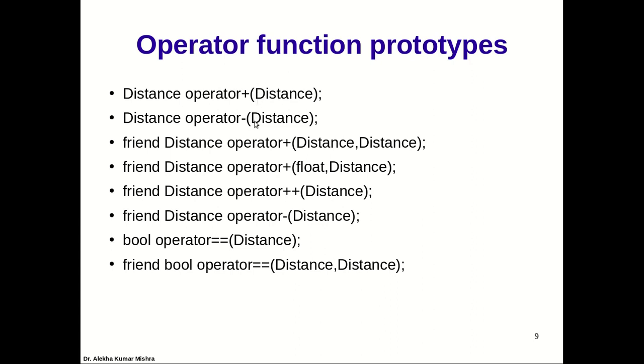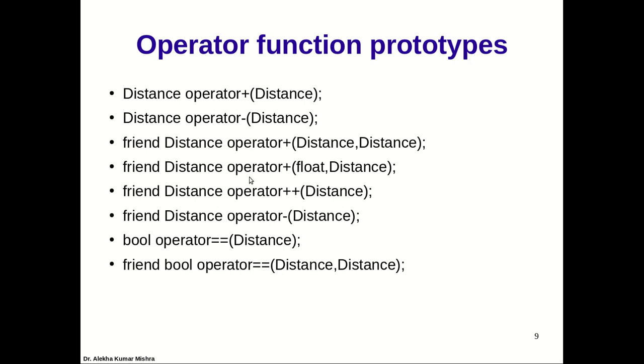Same with the minus. Now when it comes to friend, it is not a member function, so both a and b are passed as arguments. For these two, plus as a member or as a friend is optional, both can be done. But when it comes to friend, there are two arguments.